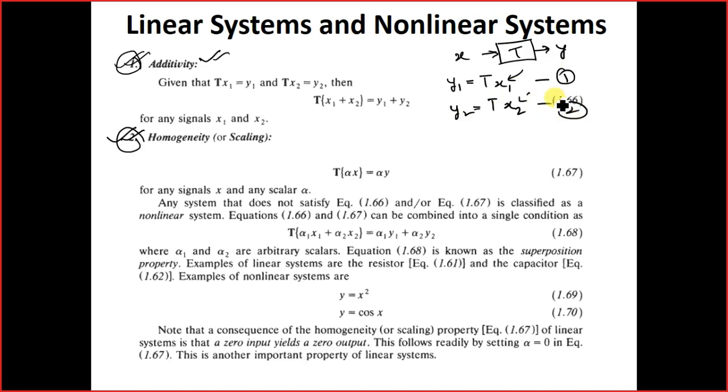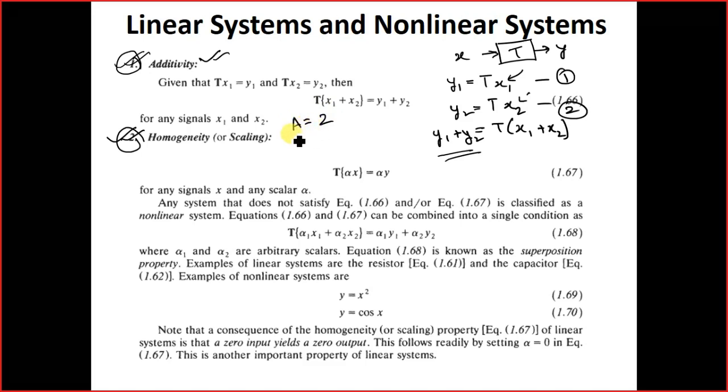Now the additivity rule says that if we give an input of x1 plus x2, then our output should be y1 plus y2. For example, in an inverting amplifier, say you have a gain of 2.